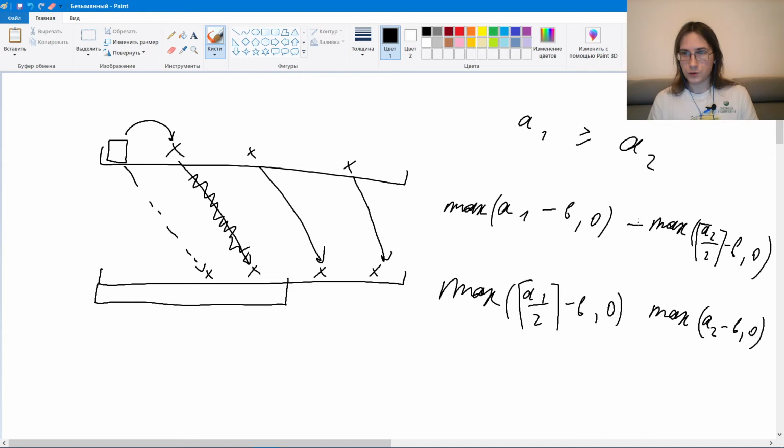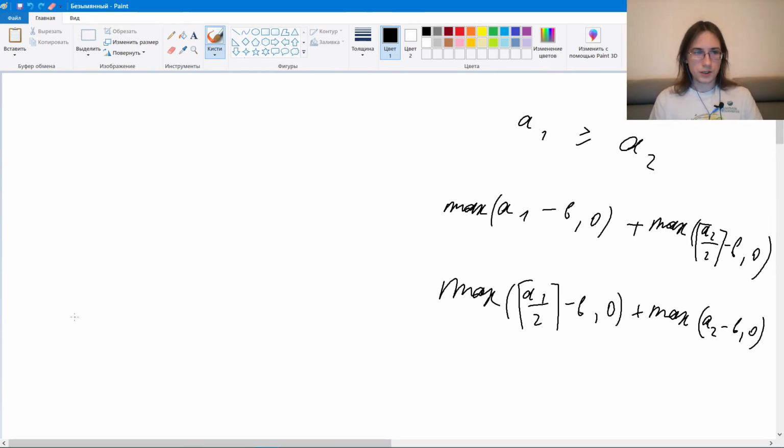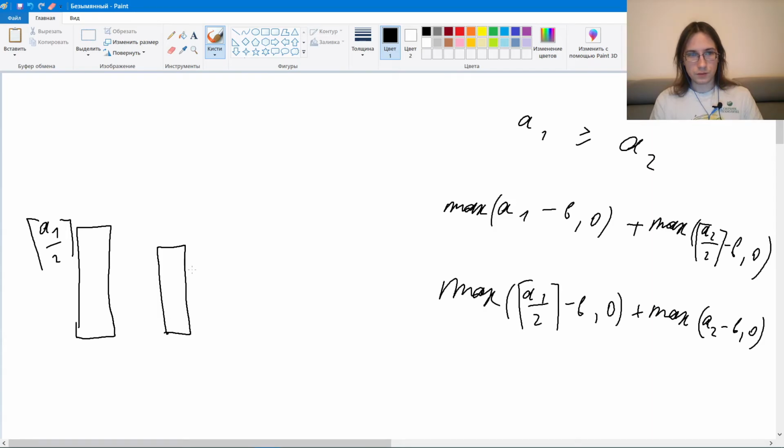Let's see which of those two sums is larger. Let's draw a diagram. So a1 over 2 will be this height. I mean a1 over 2 rounded up. And this height will be a2 over 2 rounded up. As we know, it's less or equal.